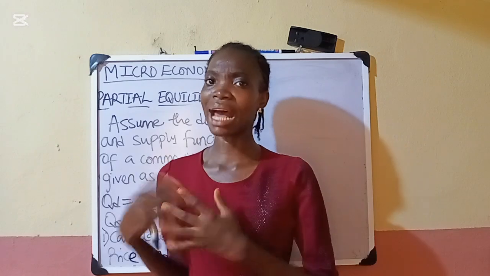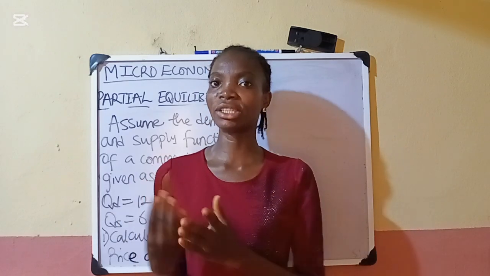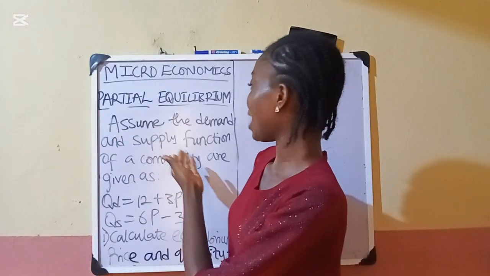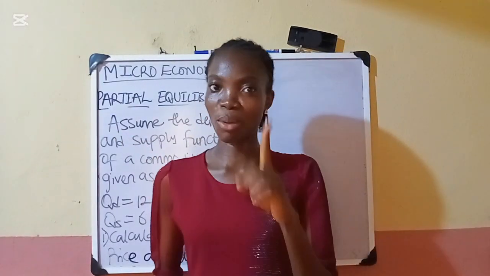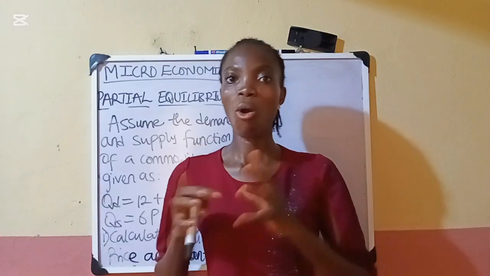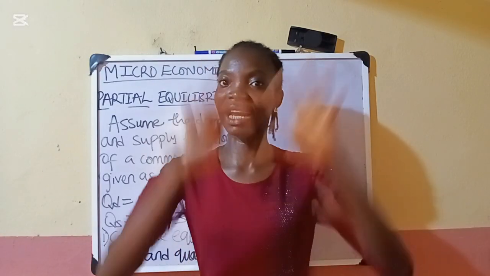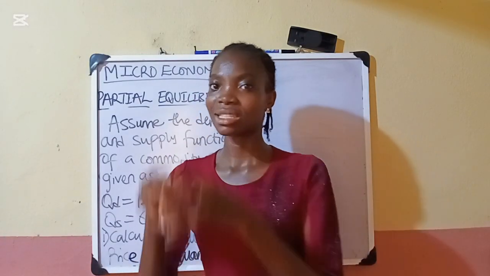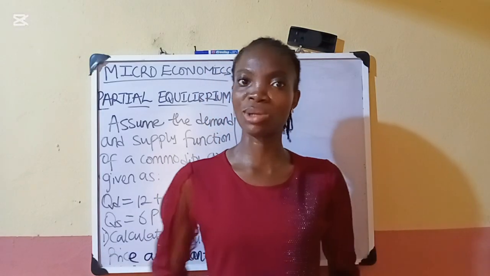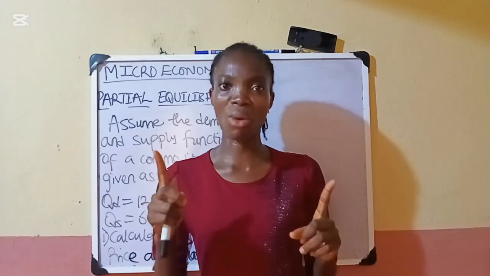Now, looking at our question, this is a partial equilibrium question. Look at the question. It says the supply and demand function of a commodity. So remember, partial equilibrium deals with one market or a commodity. Instead of analyzing the whole economy, we look at a particular one, that is a single market. Looking at this question, we have one demand function and one supply function.